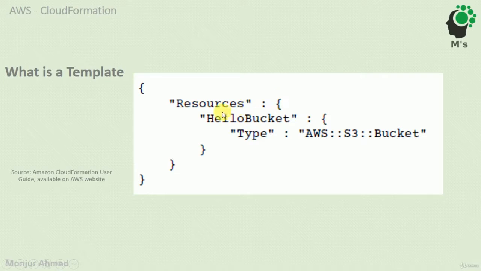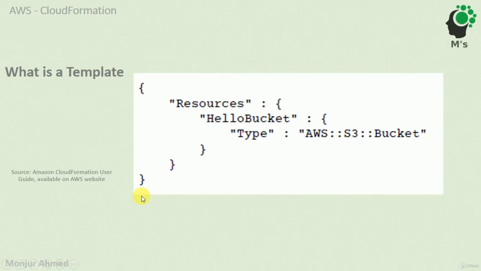This block starts here and ends here, and this block starts here and ends here. So this block belongs to hello bucket, and the hello bucket and everything all together belongs to the resources block, and they all together make the whole document.